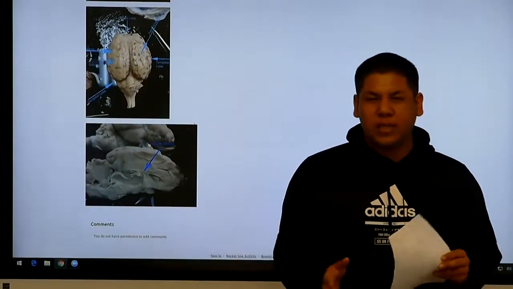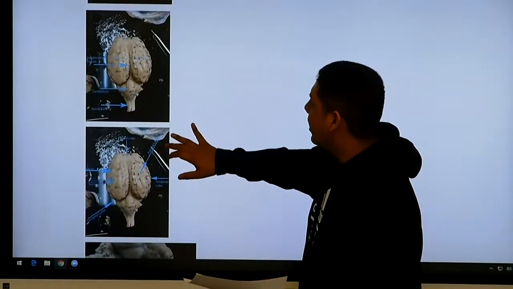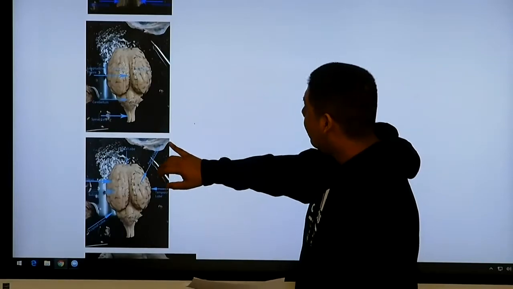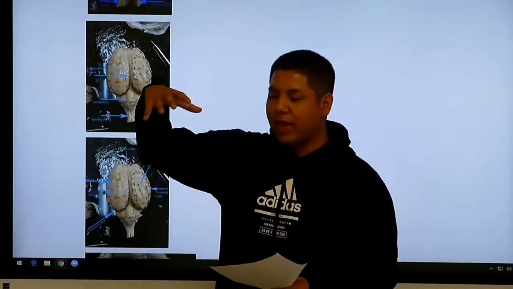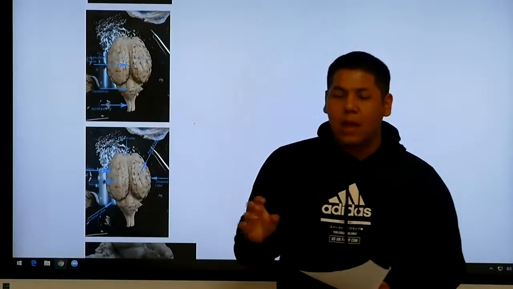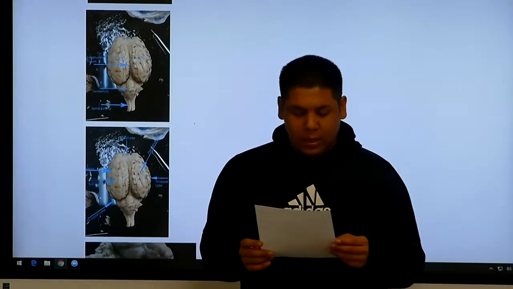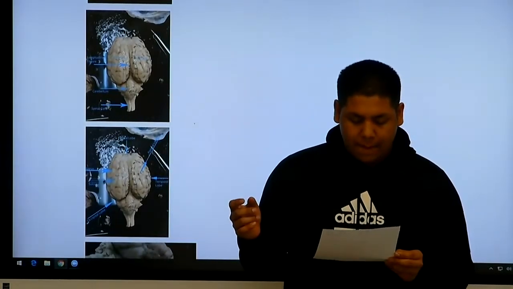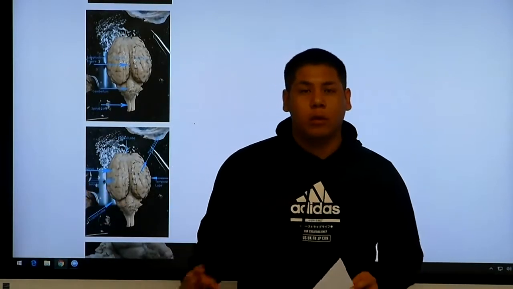She didn't post this one picture, but if you can see this part over here, there's a shell that goes over the brain, and that's going to be called the meninges. And there are 3 layers, but you do not have to know the order of the layers.